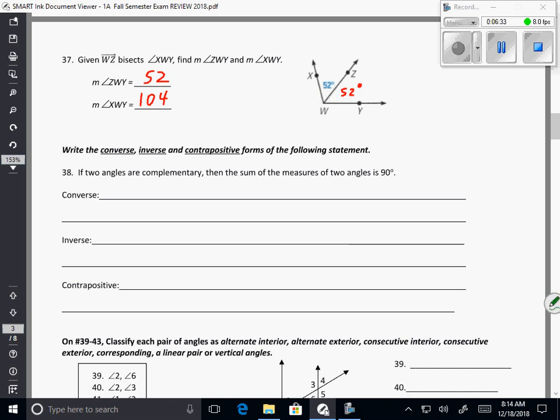Converse, inverse, contrapositive. If it's a converse, you're just going to switch them. So if the sum of two angles is 90 degrees, then the angles are complementary.